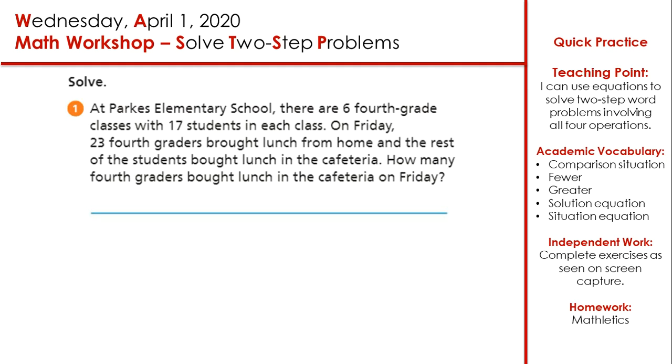I could try, for example, addition by saying that I can add 17 plus 17 plus 17 plus 17 plus 17, 6 times 17, right? Or I can actually use multiplication and try it in a shorter way.